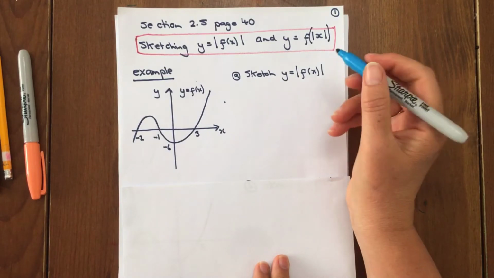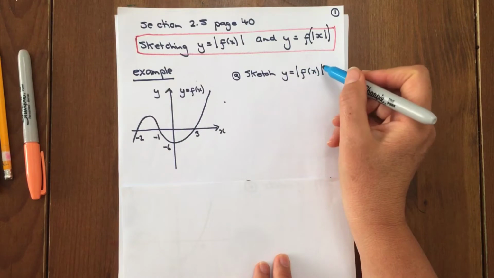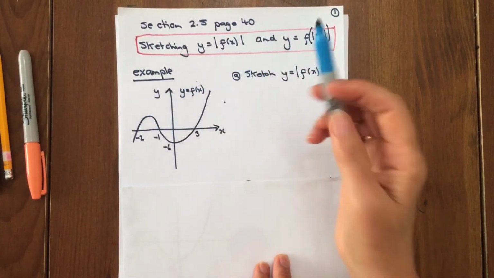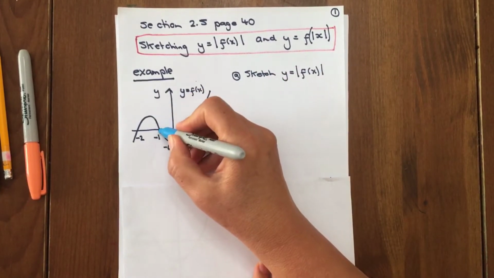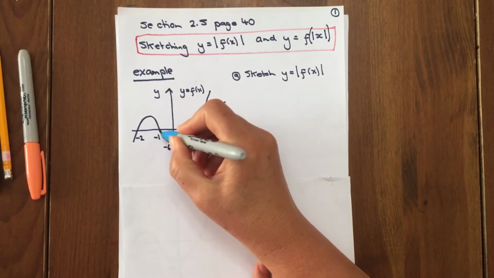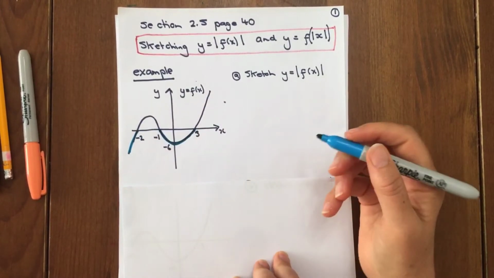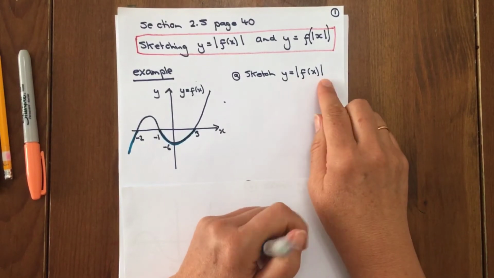Now, what happens is if I want to sketch the modulus of f of x, that means everything that is negative, all my negative y values. Now my negative y values are here, yeah, and here. All my negative y values now become positive. That's what the modulus sign means.